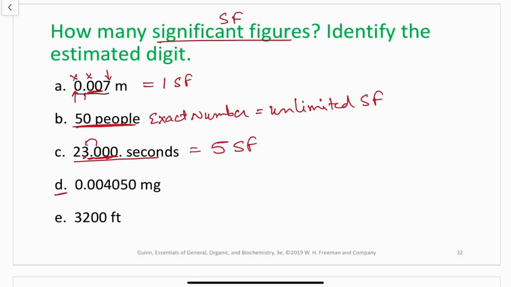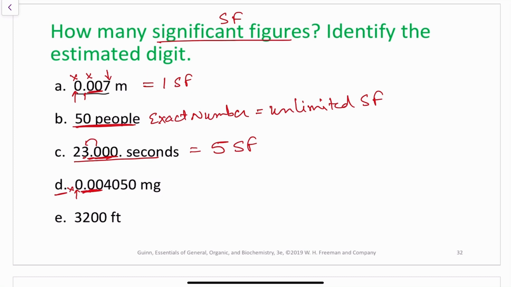How many on this? D. So we have 0.0004050. Let's see whether we can use these zeros in our significant figures or not. The time I see this, we see a decimal, but we don't have any non-zero number in front of those zeros.